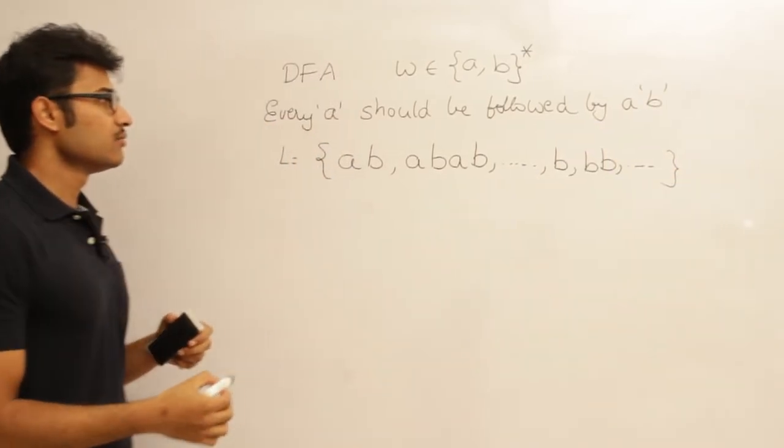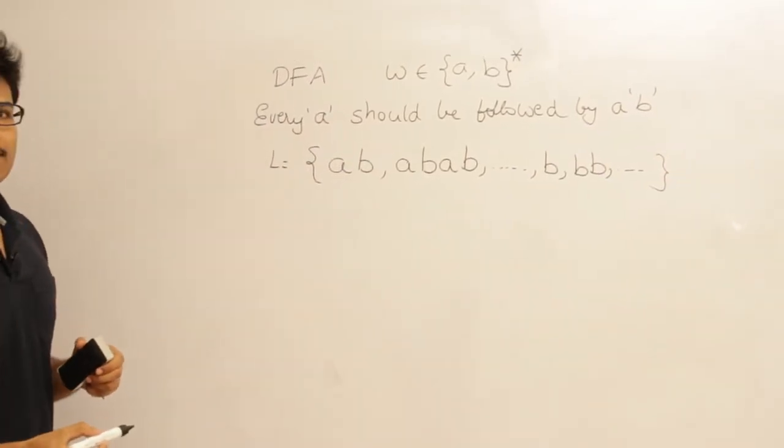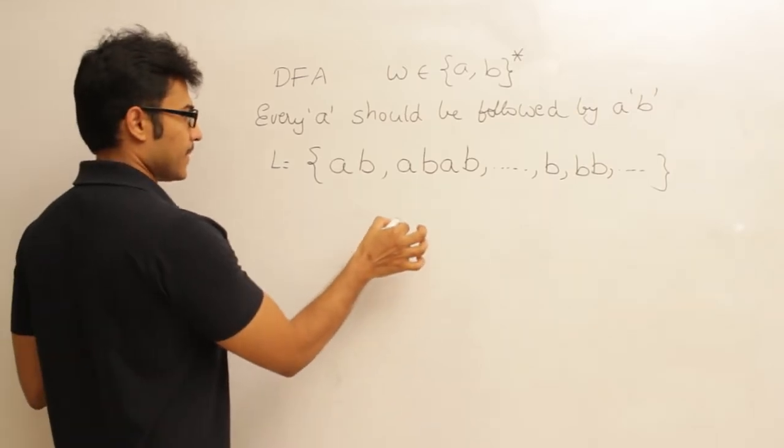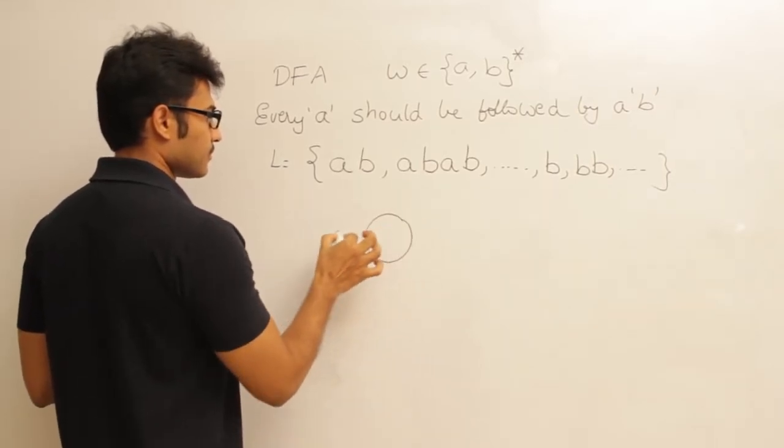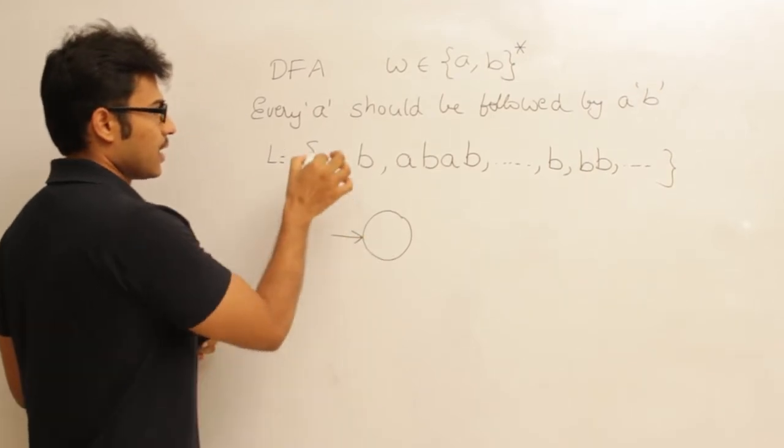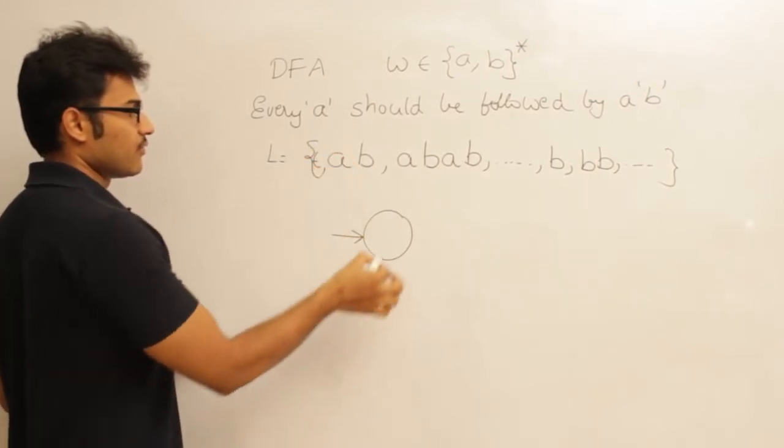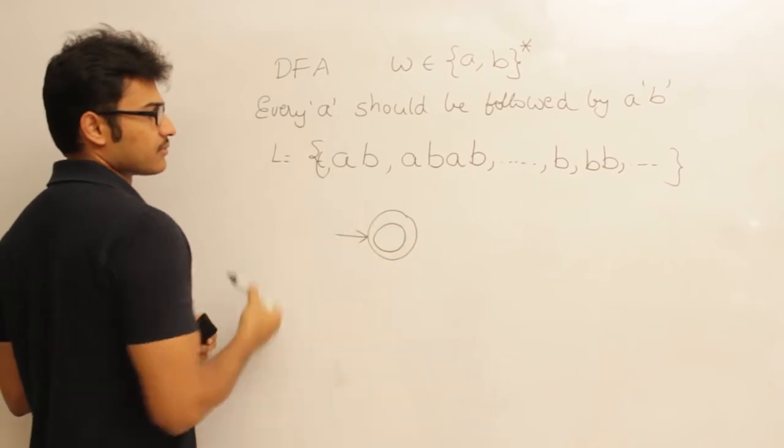Okay, so let's try to construct the DFA for it. Initially, epsilon is there in the language, right? Therefore, the initial state is a final state.